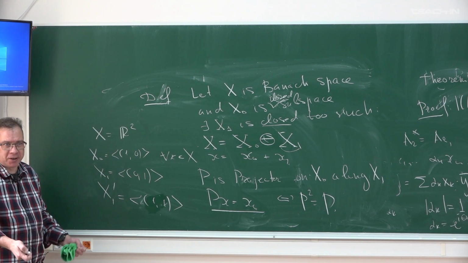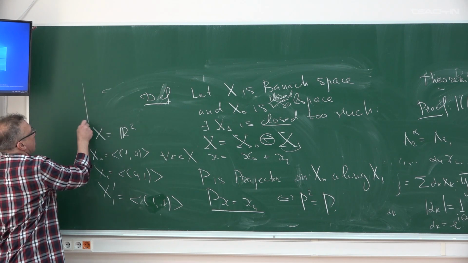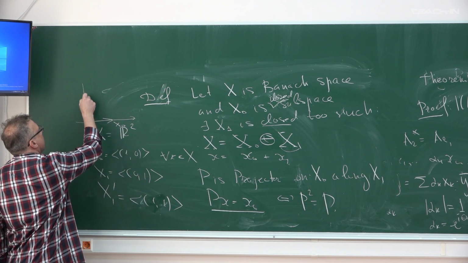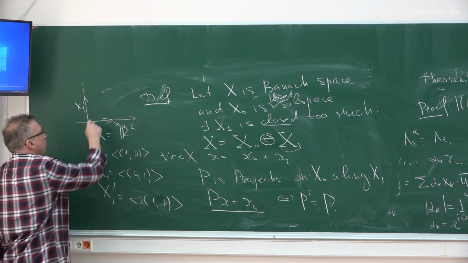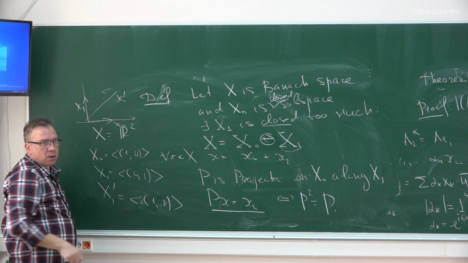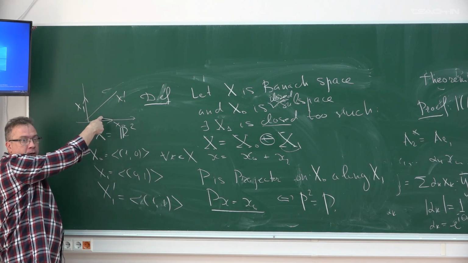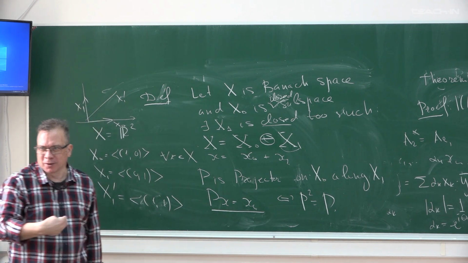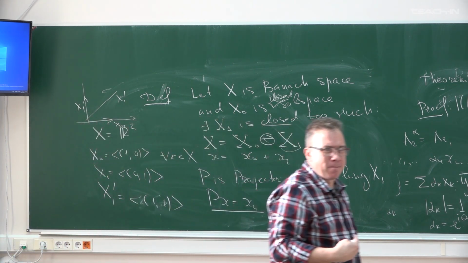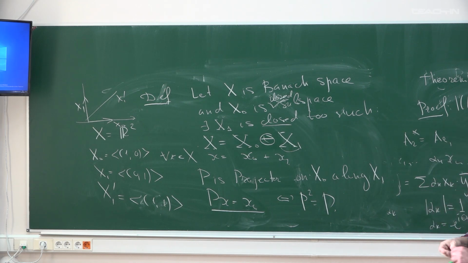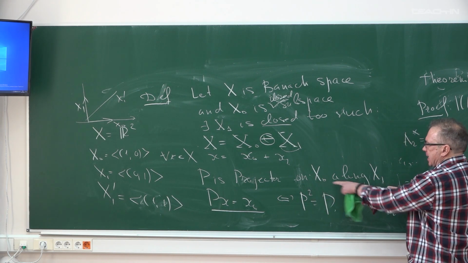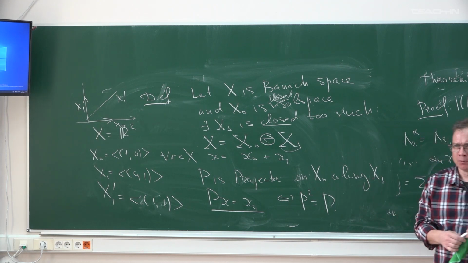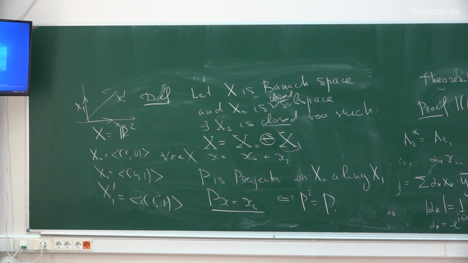Both sums are direct. So you have a two-dimensional space. You take X0 here, X1 here, but X1 prime here. The sum of these two subspaces is all of R2, and the sum of these spaces is also R2. So why do we say this on X0 along X1? Because this space is important too.